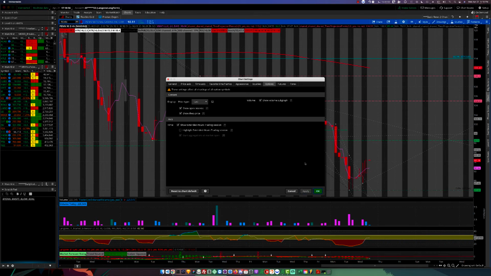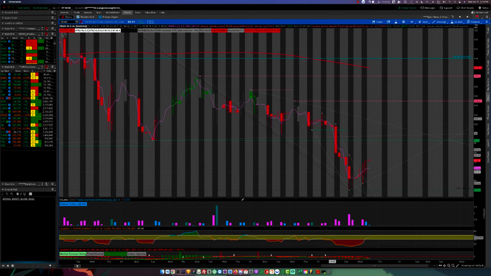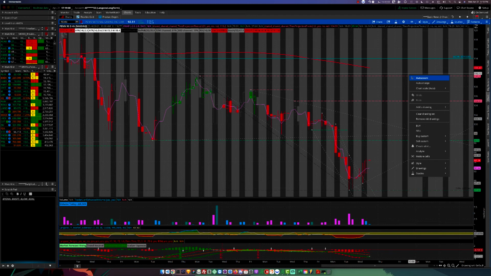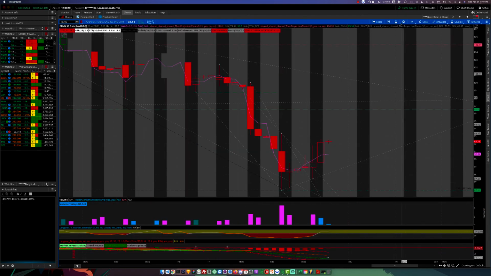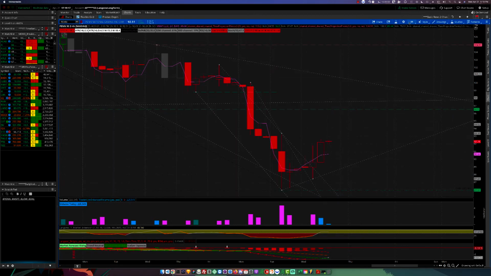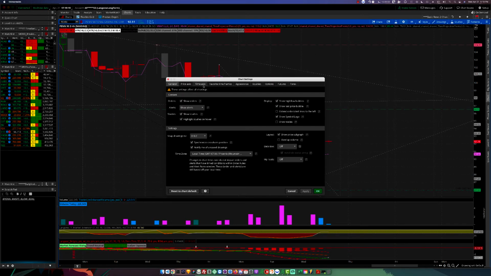Some free stuff. Create an indicator package. All right, my market extension. What do we got going on here? Why is this jacked? Study markers. Highlight. All right, I should have all this ready.